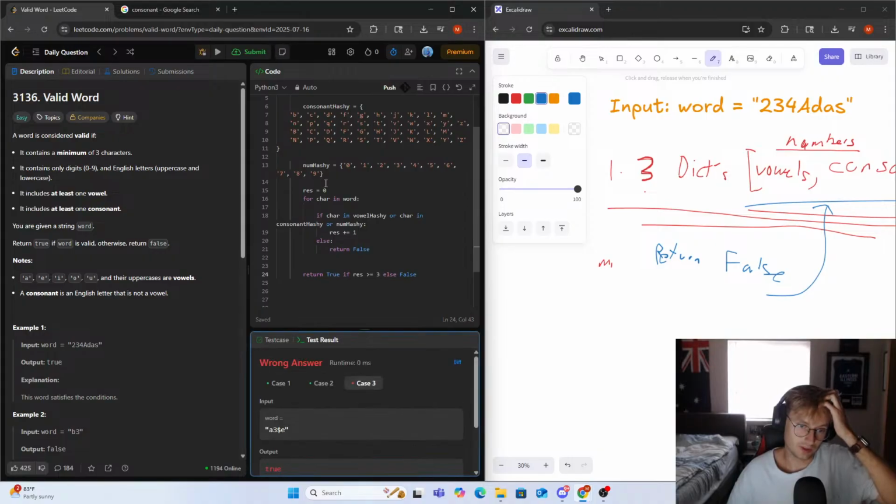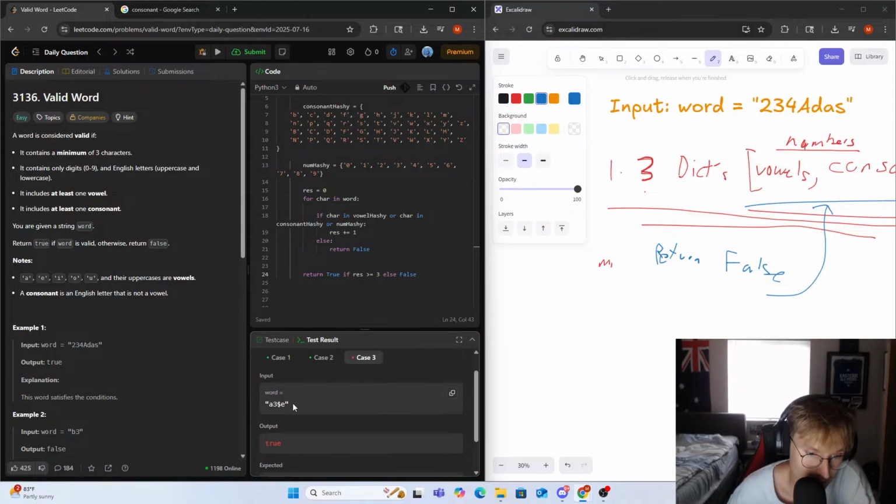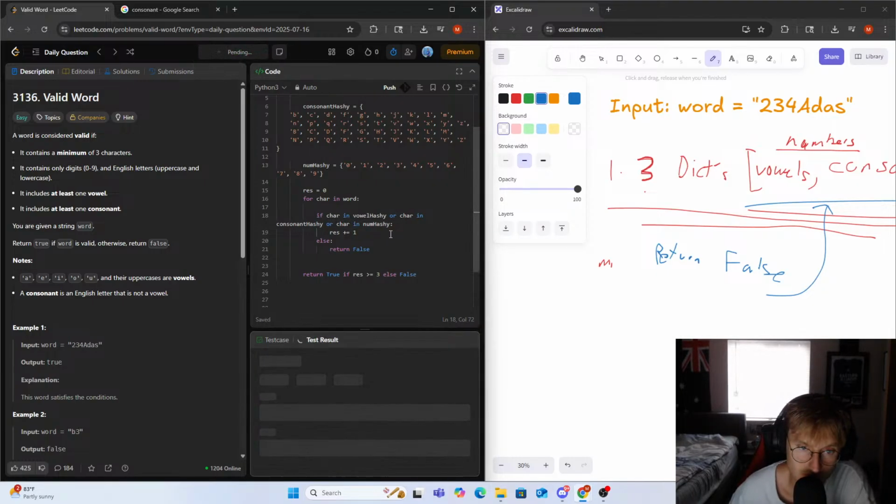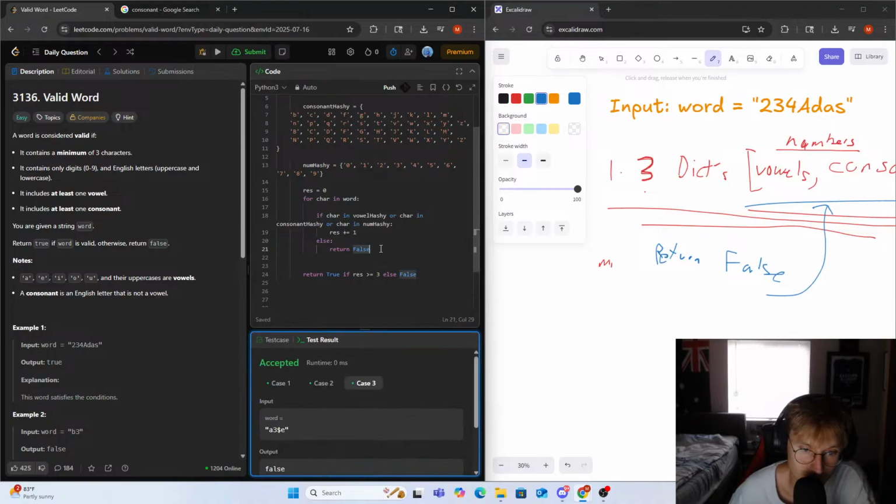Let's see how I thought about this. Okay, this we didn't pass here. We got output true. Or char in consonant hashy, or char in num hashy. Else we return false. There we go. I think this should submit.